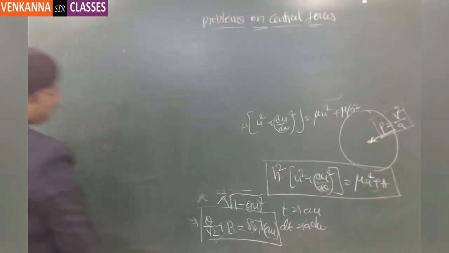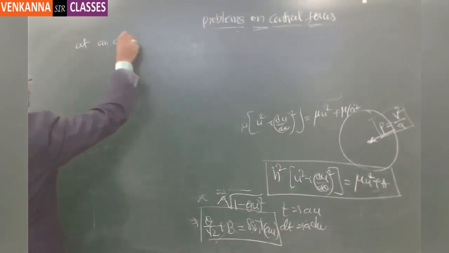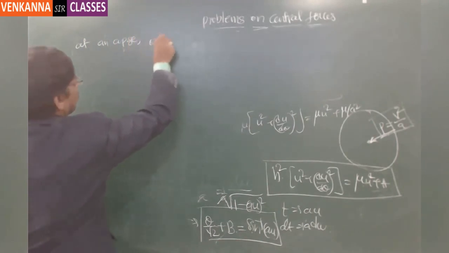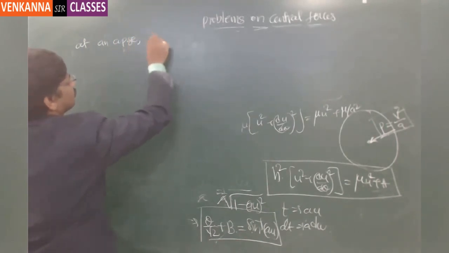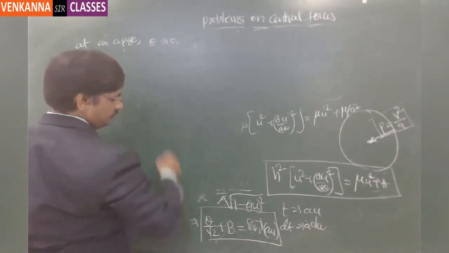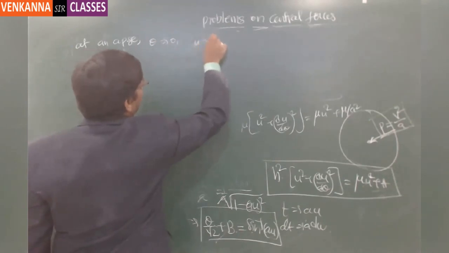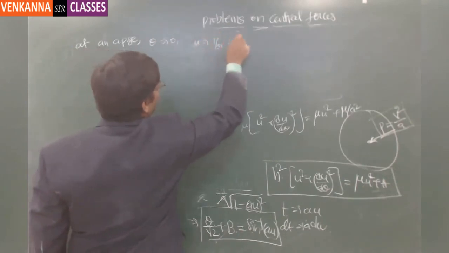Now here, at an apse, theta equal to 0, u is equal to 1 by r equal to 1 by a.